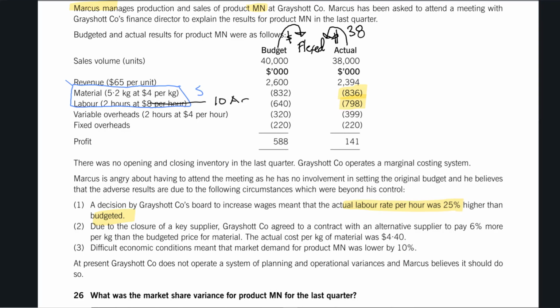Now we can get the actual cost of the kilos of the material is right here. Okay, team, so we've also got the actual cost of the materials. We can call that the actual price. So 4.4 actual price, team.